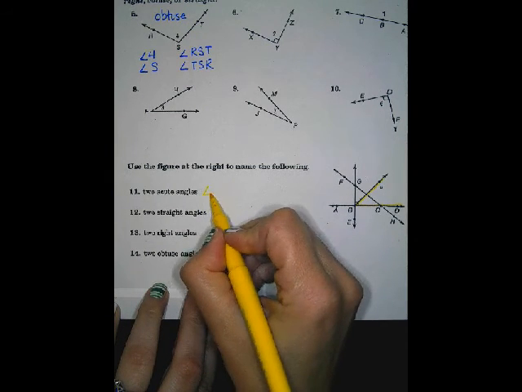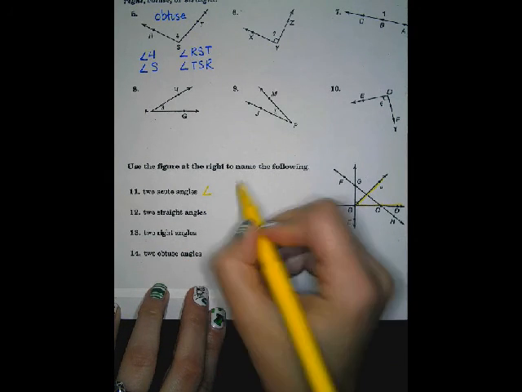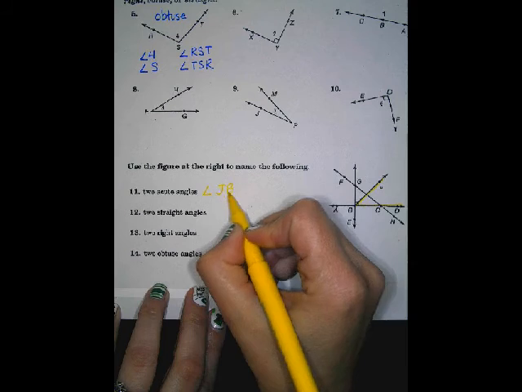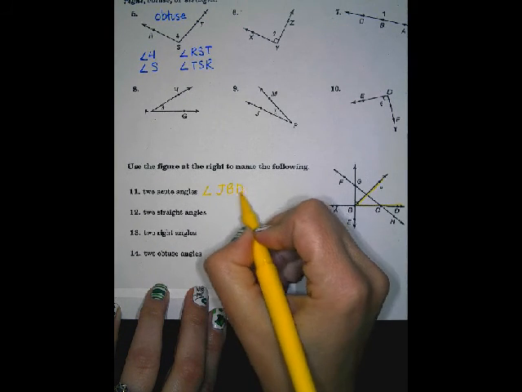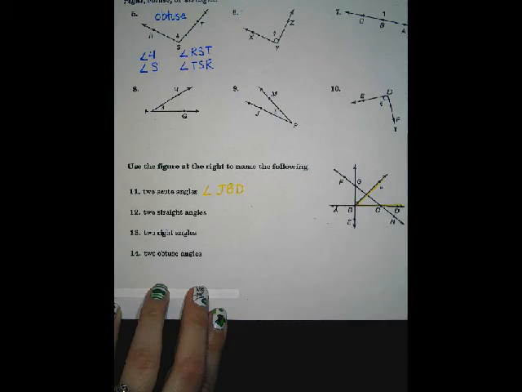So angle J, B, I can use either one of these points, I'm going to use D, is an acute angle. For my second acute angle, again, I'm looking for something smaller than 90 degrees. I could use this angle here, GBJ.